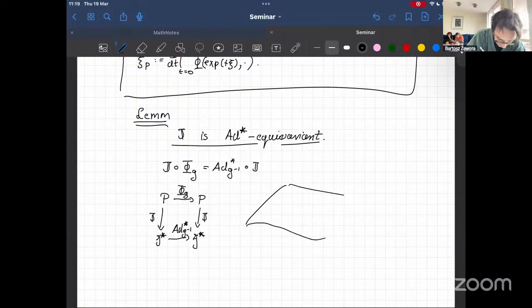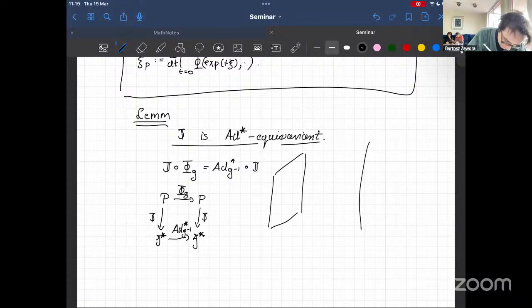Maybe this picture. So here we have x, and this goes to J of x. This is g star, and this is the symplectic manifold. So if we act on x by phi g, we are at phi g of x, and then we take the momentum map.